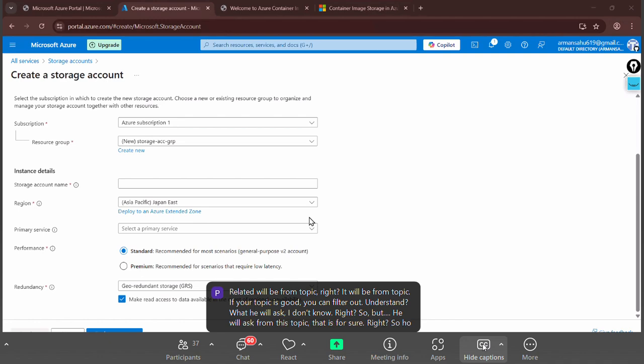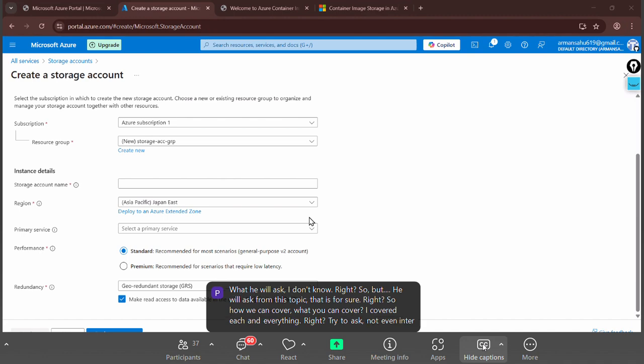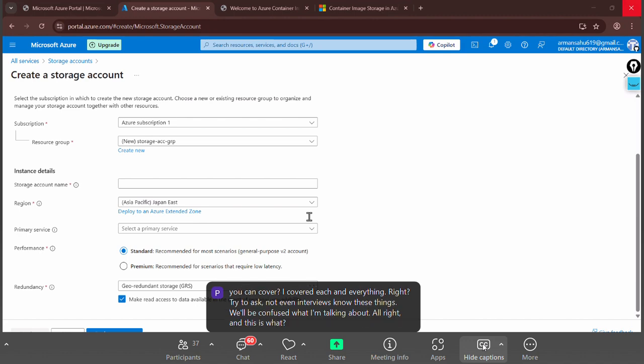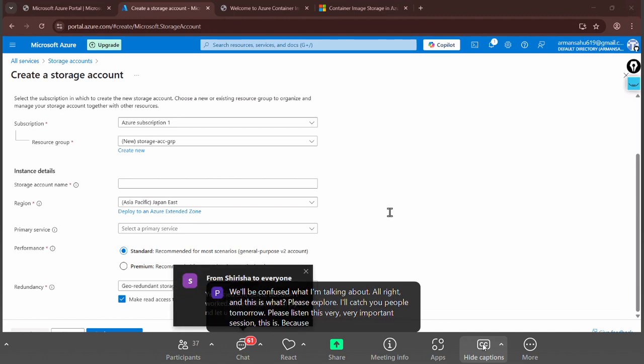So how can we cover it? What can he cover? I covered each and everything. Try to ask. Not even interviewers know these things; they will be confused about what I'm talking about. And this is what. Please explore. I'll catch you people tomorrow. Please listen to this very, very important session, because containers are very high-end technology. It will stay for a longer duration of time.